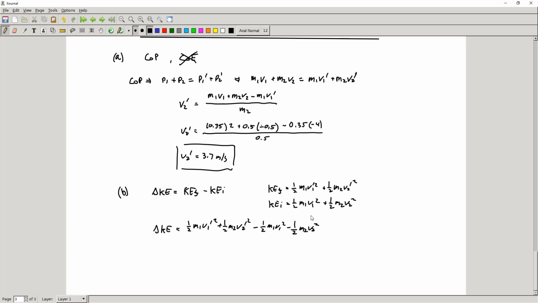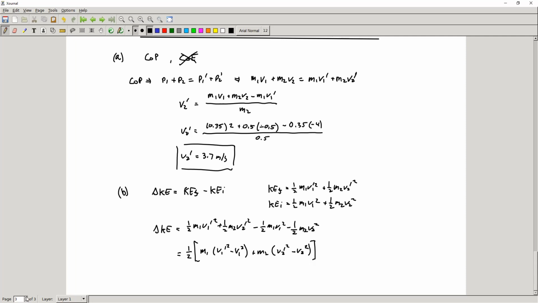Okay? And we can clean this up a fair bit, so let's do that. We can pull out that factor of 1/2. I'll pull out all the terms that have an m1 in them, so let's do it like this. We'll do m1 times v1 prime squared minus v1 squared, plus m2 times v2 prime squared minus v2 squared. Okay. And again, we're ready to solve here.